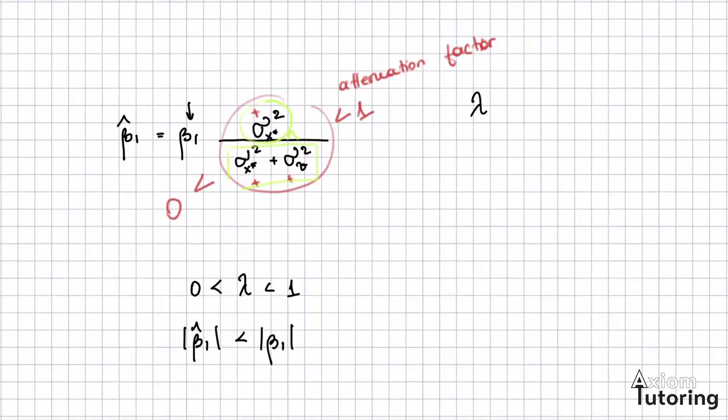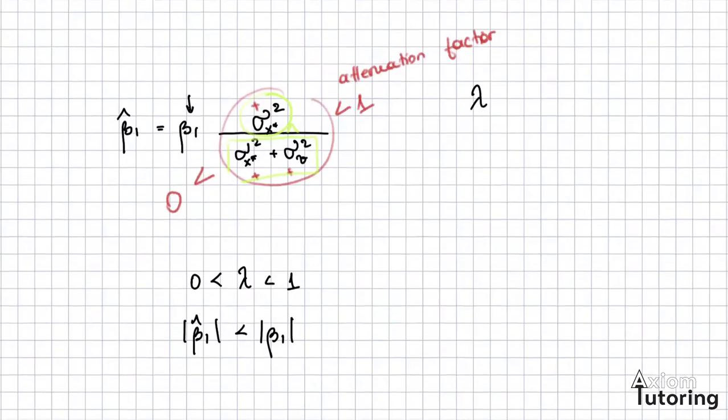I'm putting the absolute values here because sometimes we might be working with slopes that are negative. Because beta 1 is multiplied with a value lambda between 0 and 1, in absolute terms the beta 1 hat would be smaller than that. The estimated coefficient is strictly smaller in magnitude than the true coefficient, and once again, this is attenuation bias. The slope is always pulled towards 0, never away from it, okay?